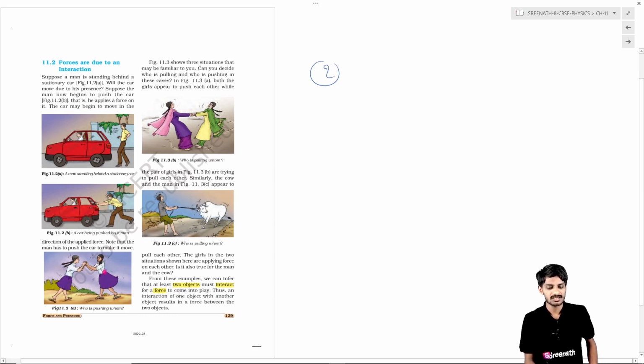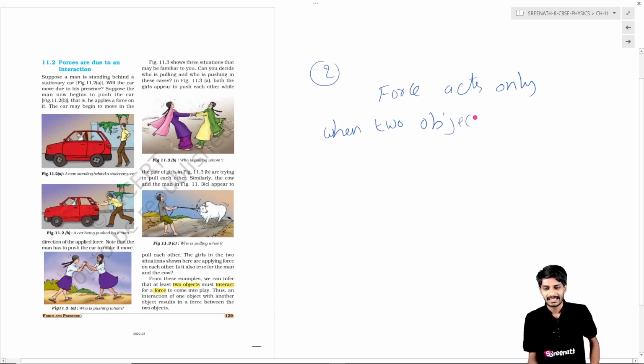Finally, what we can say is, in this image, both girls are pushing each other. She is pushing her, she is pushing her. In this image, she is pulling her, she is pulling her. In this image also, the man is pulling the cow and the cow is pulling the man. Finally, what we can say is that force acts only when two or more objects interact.